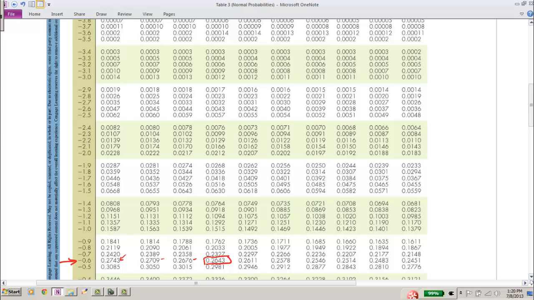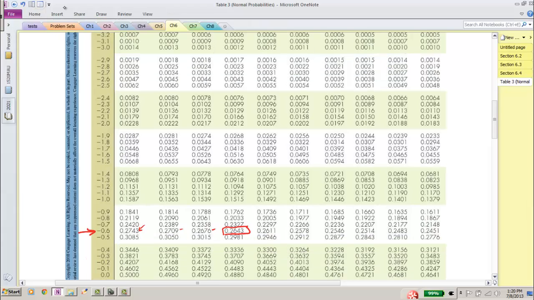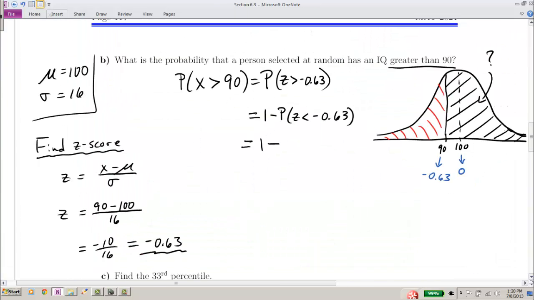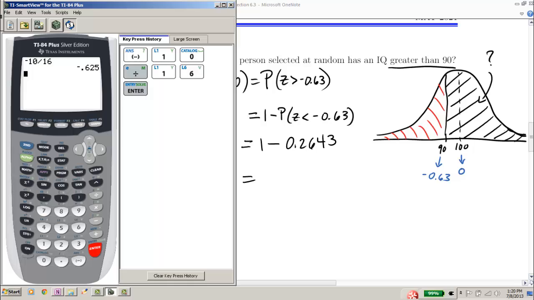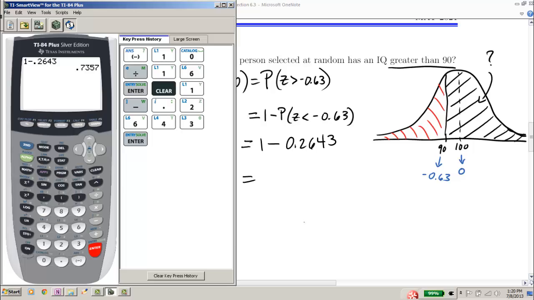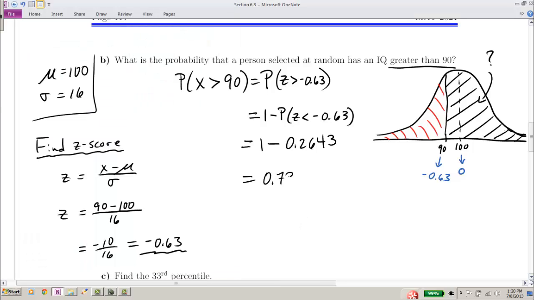So 0.2643. Subtracting from 1, we get 0.7357. And that's the probability that a person selected at random has an IQ greater than 90.